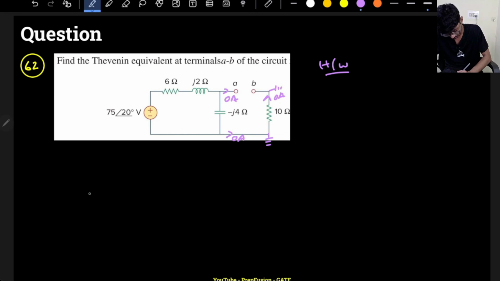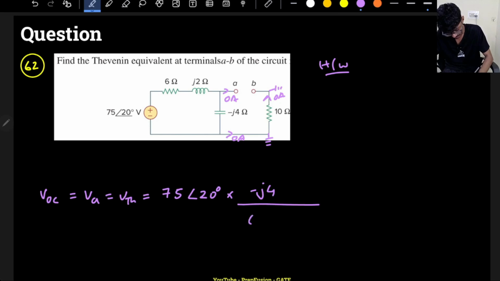So my VOC, which equals VTH, will be equal to the simple voltage division: 75 angle 20 into minus J4 divided by 6 plus J2 minus J4.